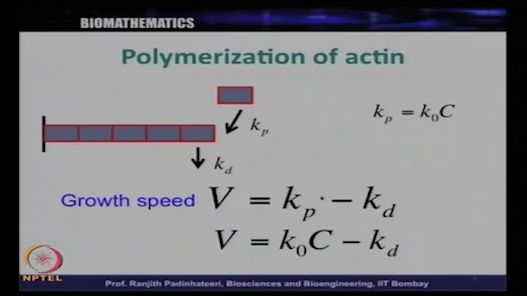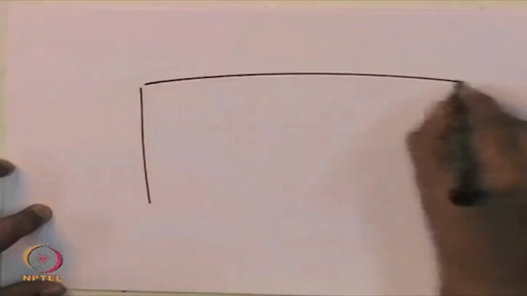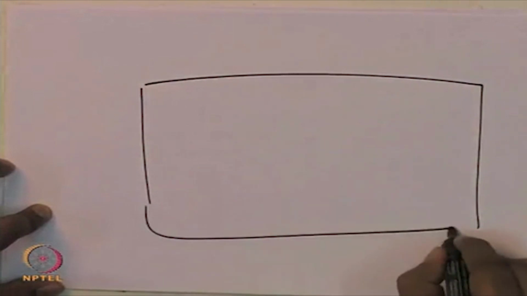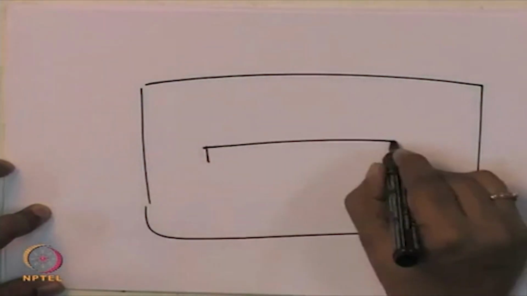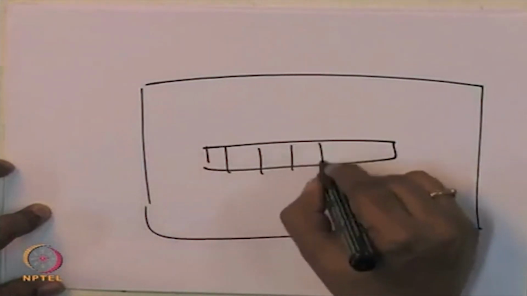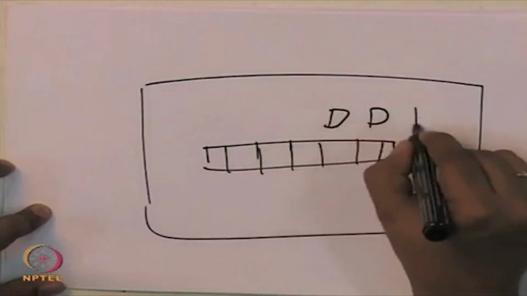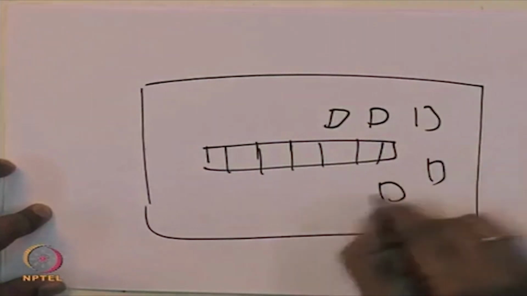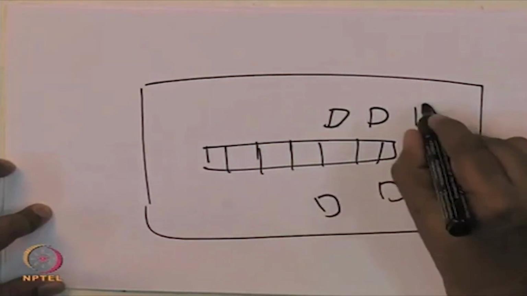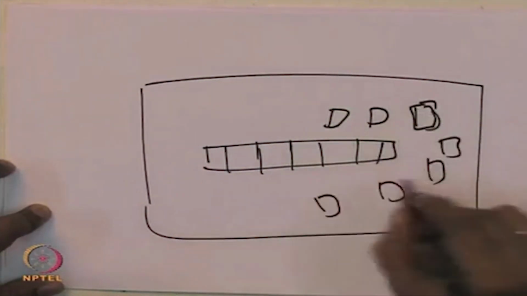Now, what is the polymerization rate? The polymerization rate is proportional to the free monomer concentration. If you have a container with a filament and a lot of free monomers, and if there are no monomers, the filament will not polymerize.